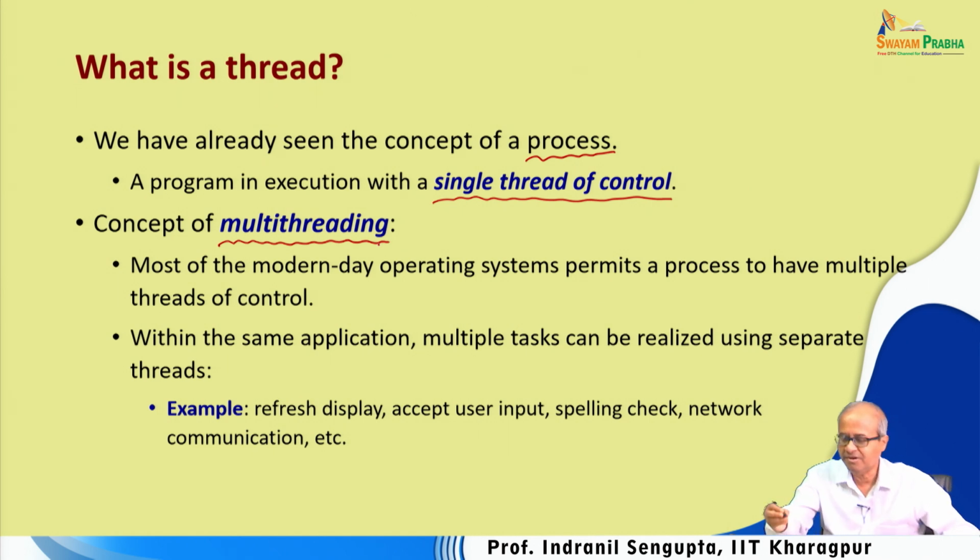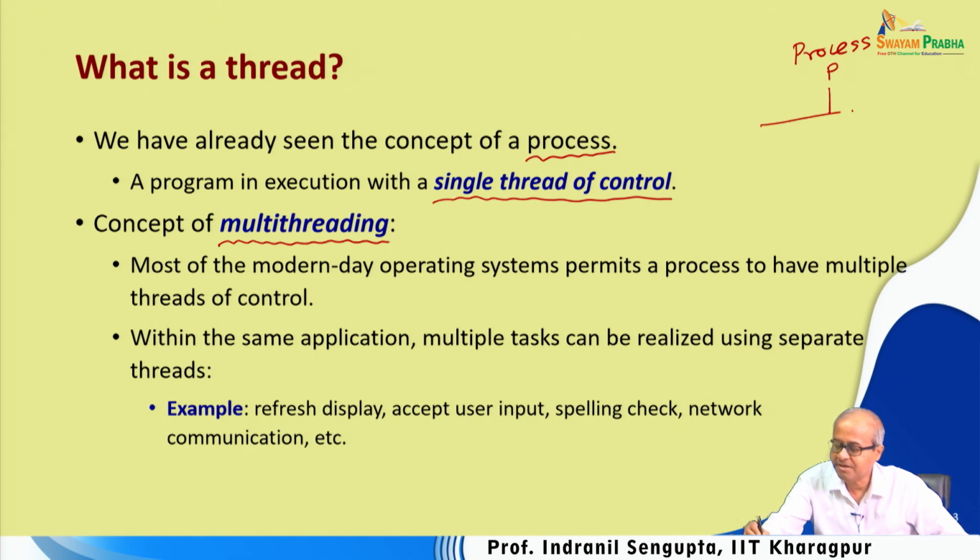That means you have a relationship like this. You have a single process, let us say a process P. A process P can have multiple threads: thread 1, thread 2, and so on.